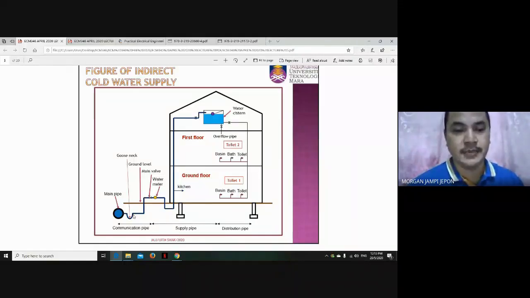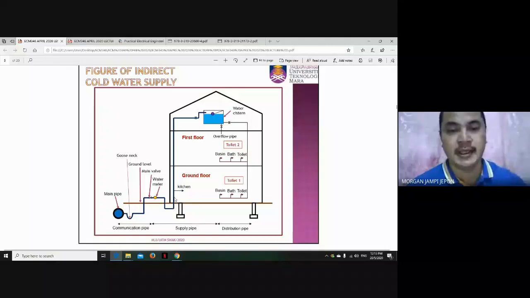All right. Then the pipe goes to the main valve as well as the water meter, and it must be above the ground so that we can see the water meter. Then it goes to underground again, then enters the house. Okay, it goes to the kitchen, right?